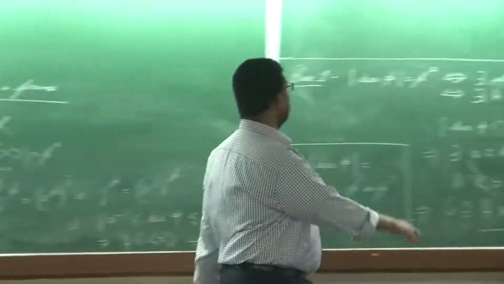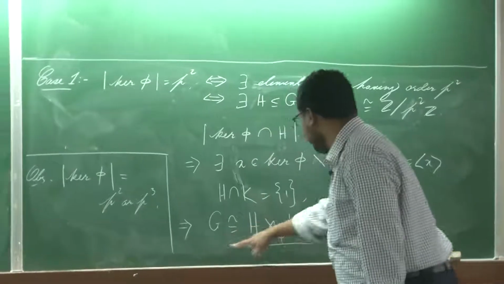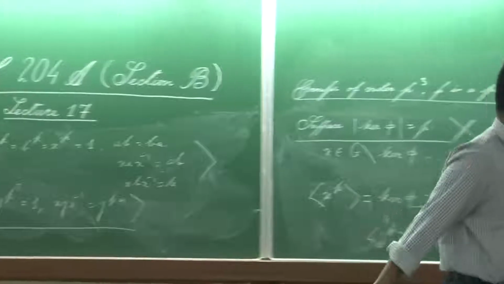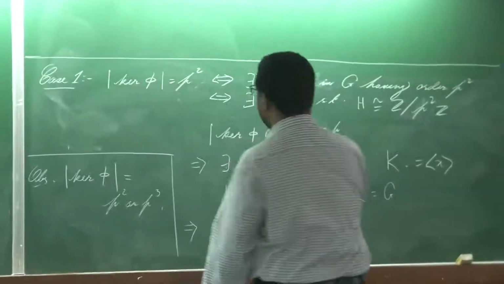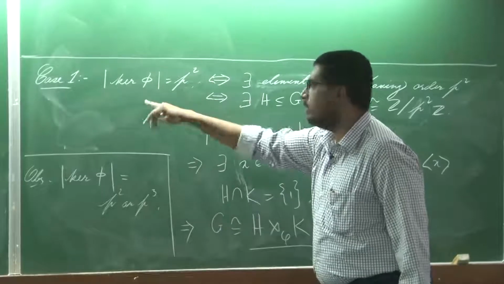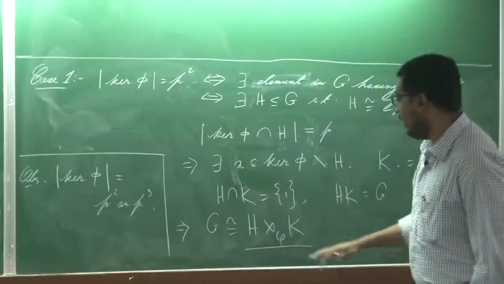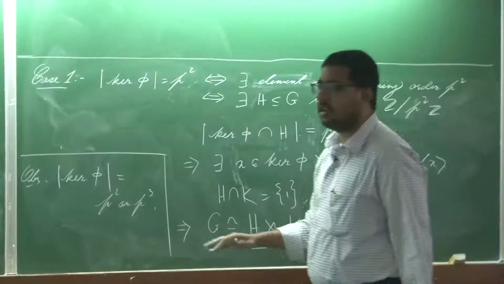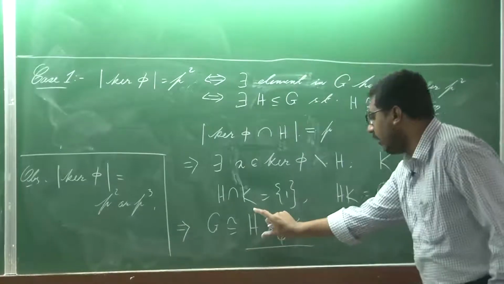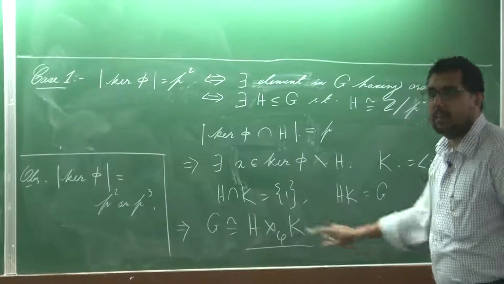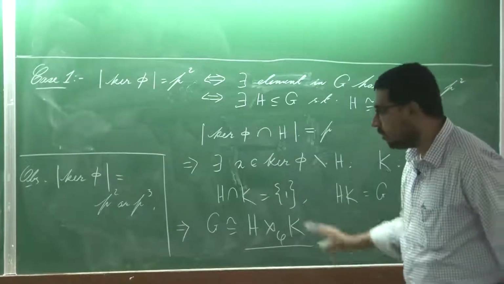So in this situation G has to be isomorphic to this. I repeat the argument: if kernel phi has order p square, then G has to be of this form. Which form? It is the semidirect product of a cyclic subgroup of order p square with a cyclic subgroup of order p with respect to a non-trivial homomorphism.